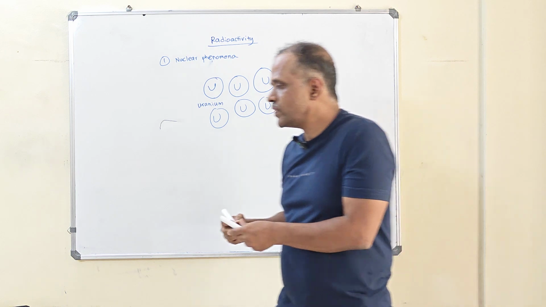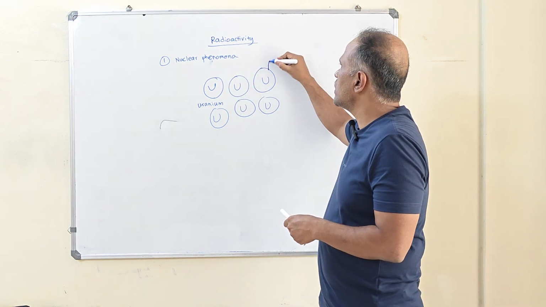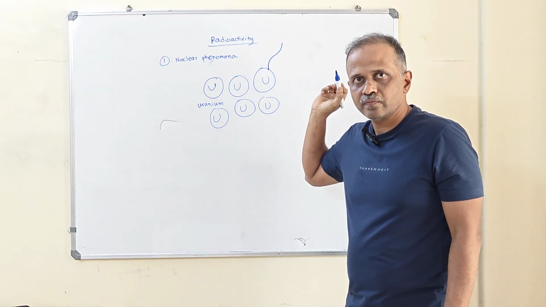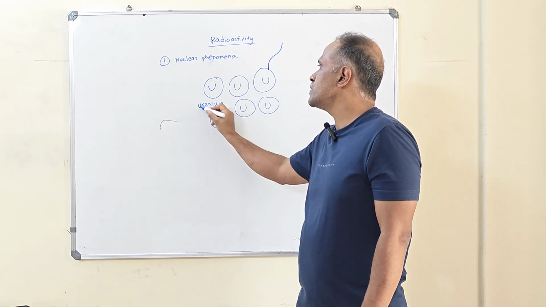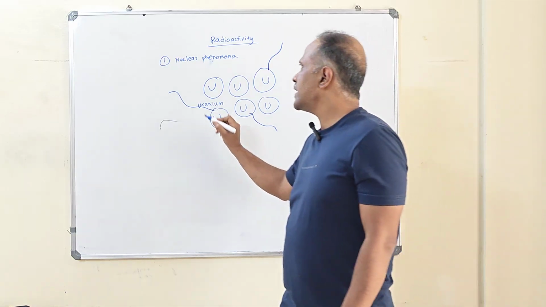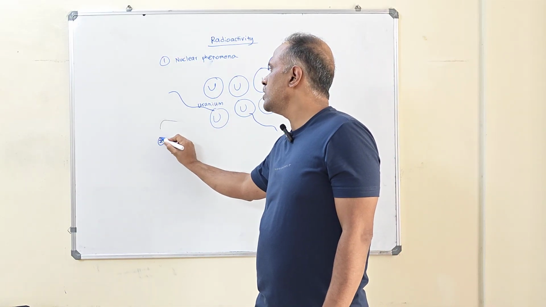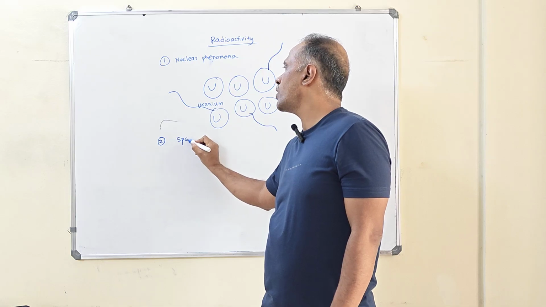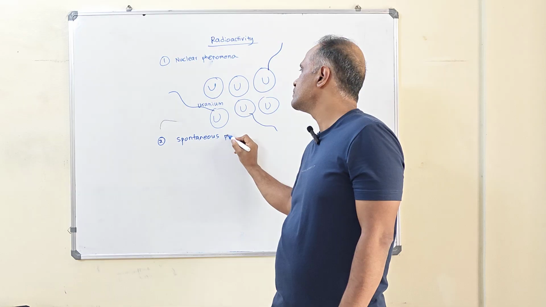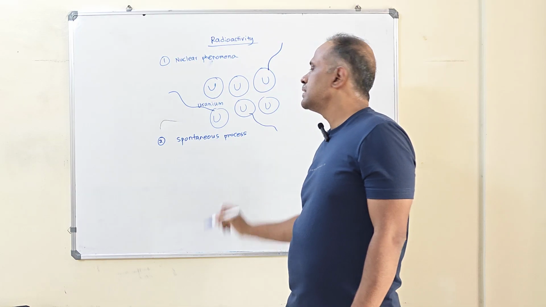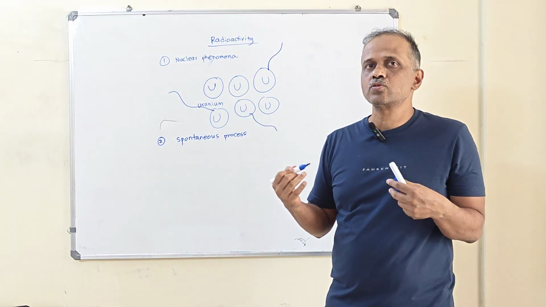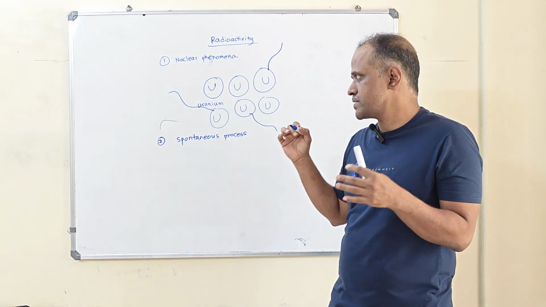No. Some of these uranium atoms would be emitting radiation, this will start emitting radiation, then after some time this may start. So radioactivity is a nuclear phenomenon. It is also a spontaneous process, that is, it starts emitting radiation on its own, very spontaneously.